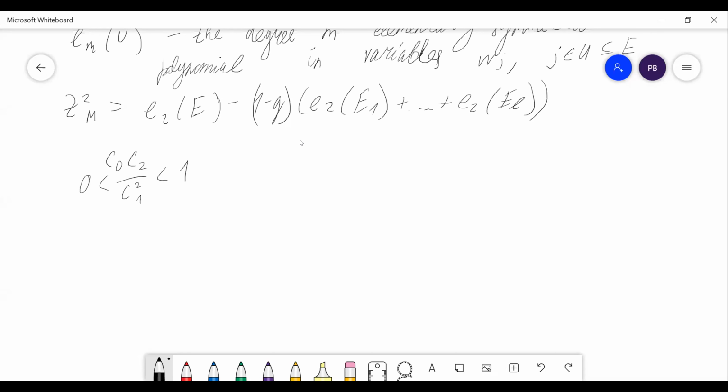And then it suffices to prove that if... Right, and I forgot to say that in case Z1, this formula will become very, very simple.